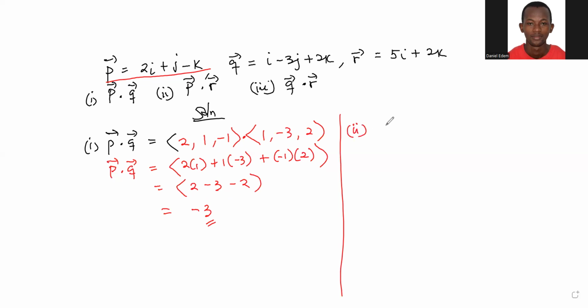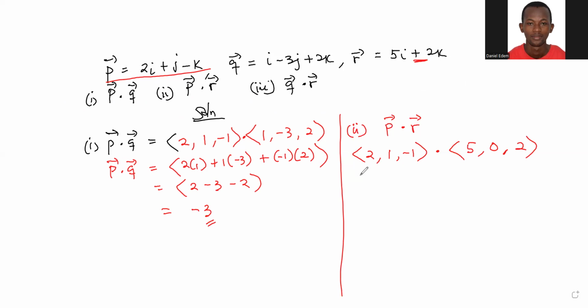The second question says our vector P dot vector R. So we have 2, 1, minus 1, dotting 5. For easy understanding, the j component did not come, so put 0 here. Then the k is 2. So don't forget we are going to dot product.